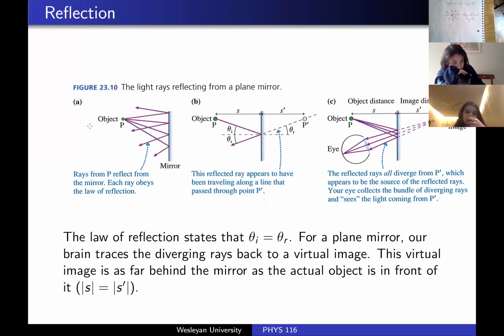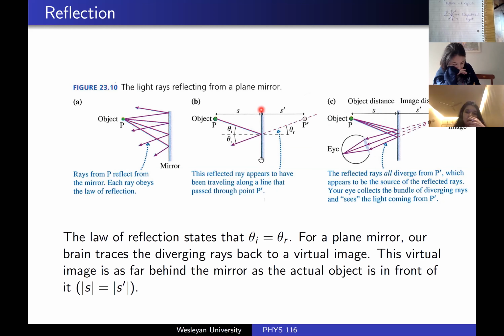So you have a light ray, it bounces off a mirror and reflects. What we typically do in optics is call the incoming ray the incident ray, and here we have a reflected ray as well. At the point of incidence, where the light hits the mirror, we draw a line perpendicular to the surface.